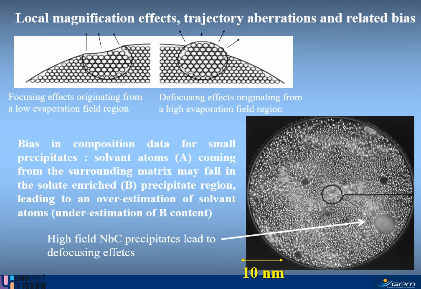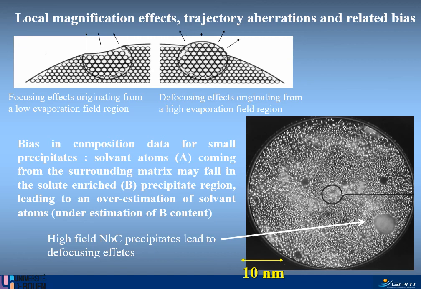So you will have problems with the reconstruction, of course, because the reconstruction is not a simple point projection as previously said, but it is more complicated because of the topology of the tip surface that is not simply a spherical cap, but you've got local curvatures here leading to defocusing or focusing effects.